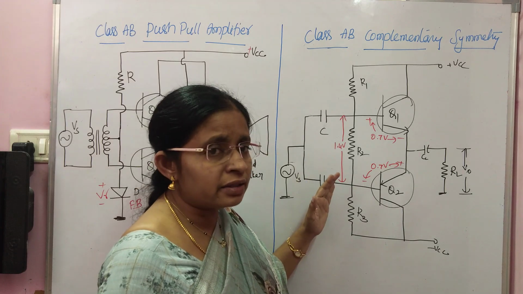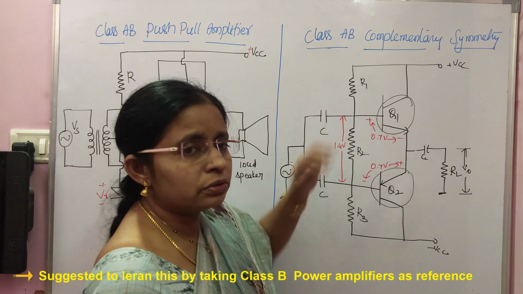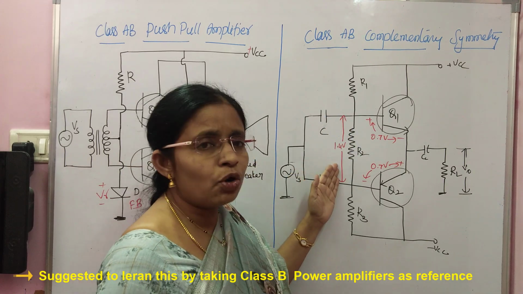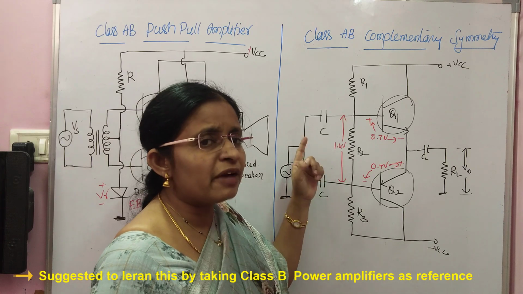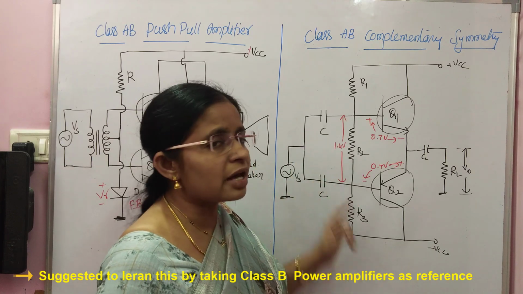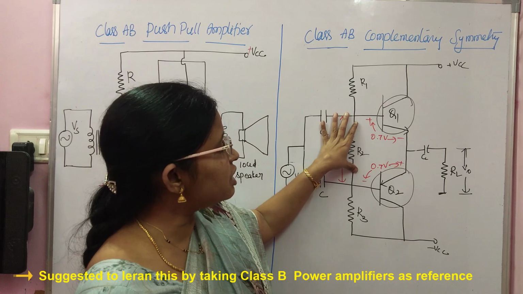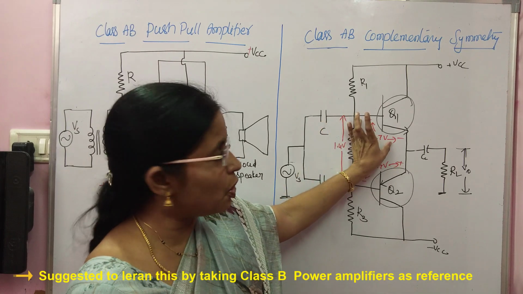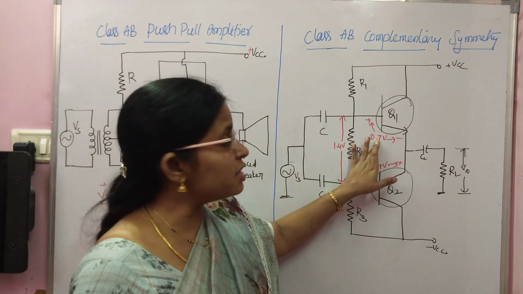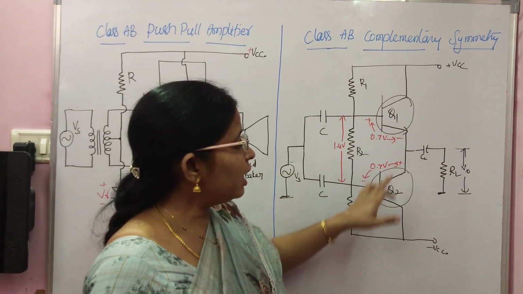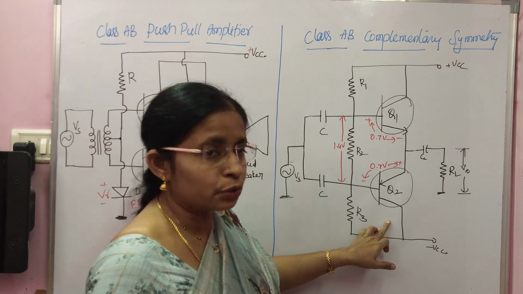The arrangement is such that across R2 we must develop a voltage of 1.4 volts. Whenever we develop 1.4 volts across R2, it gets divided into two parts: this is 0.7 and this is another 0.7. Plus 0.7 is at the base of Q1, and minus 0.7 is at the base of Q2.